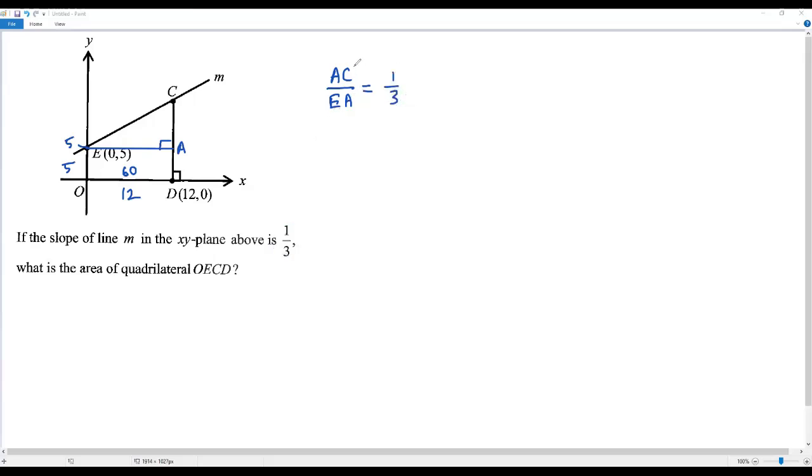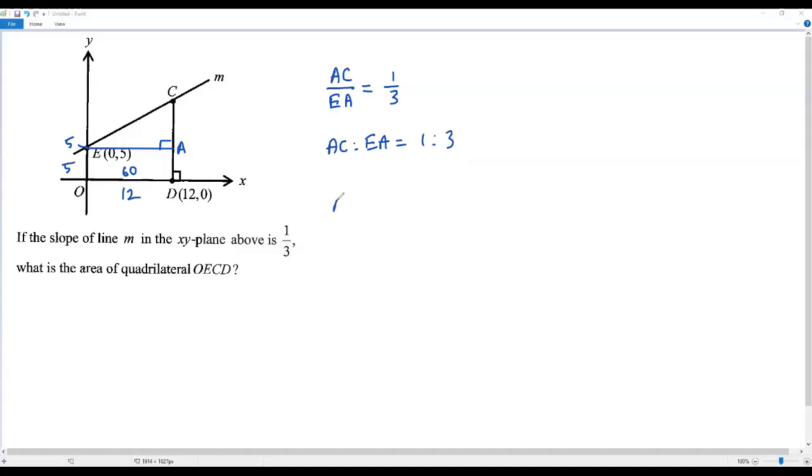Now we can write the fraction on the left side and the fraction on the right side as a ratio. That is, AC to EA equals 1 to 3. So this number 1 corresponds to the length of the line segment AC and this number 3 corresponds to the length of the line segment EA. Whenever I want to get the original quantities from the terms of the ratio, that is, if I want to get the length of the line segment AC and the length of the line segment EA from the terms of the ratio, I have to multiply both the terms of the ratio by the same non-zero number, say x.